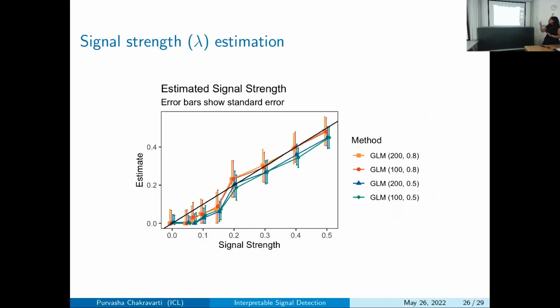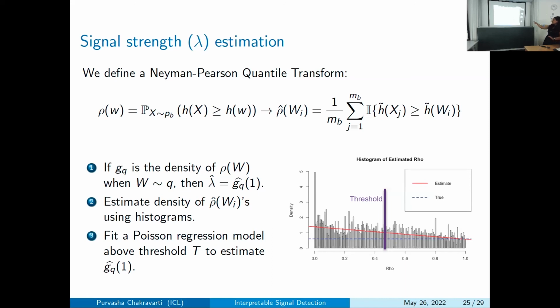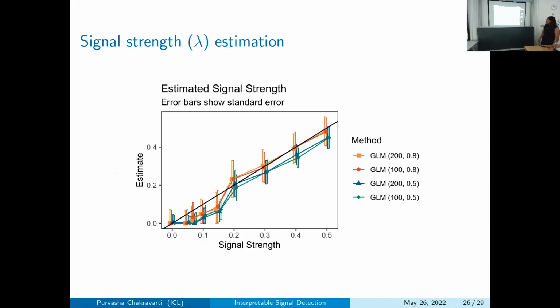We just fit the regression on the tail. How you decide on the tail versus how many bins you make for the histogram obviously changes the estimation process. For all of these methods, we have bootstrap standard error bars and estimates. But this is just to give an idea of how much the signal strength is.